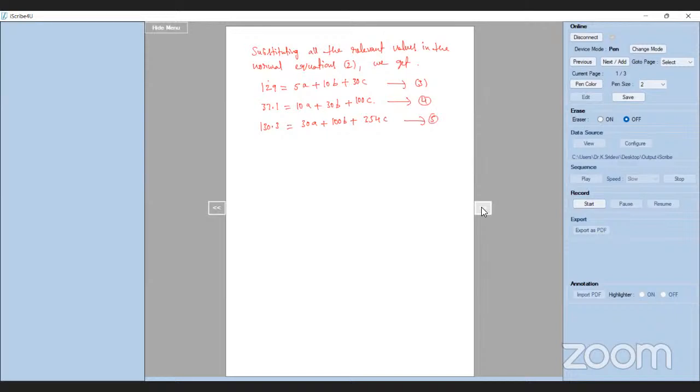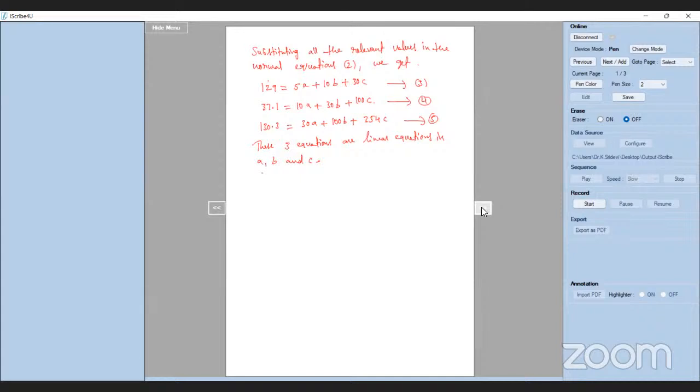So there are 3 normal equations, and these 3 are linear equations in A, B, and C. So these equations can be solved.